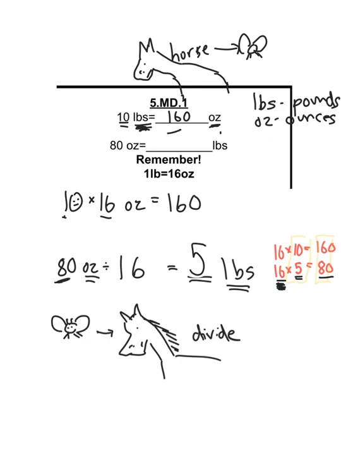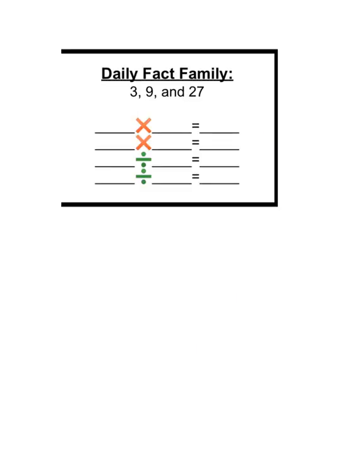So it's kind of a quick case of ask yourself what each number represents. I didn't do that correctly. Okay, so 80 ounces is 5 pounds. Daily fact family, factor times factor equals our product. Okay.